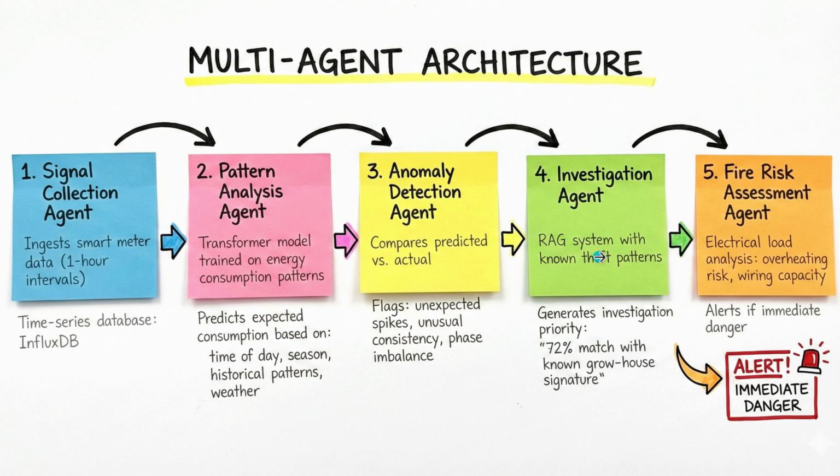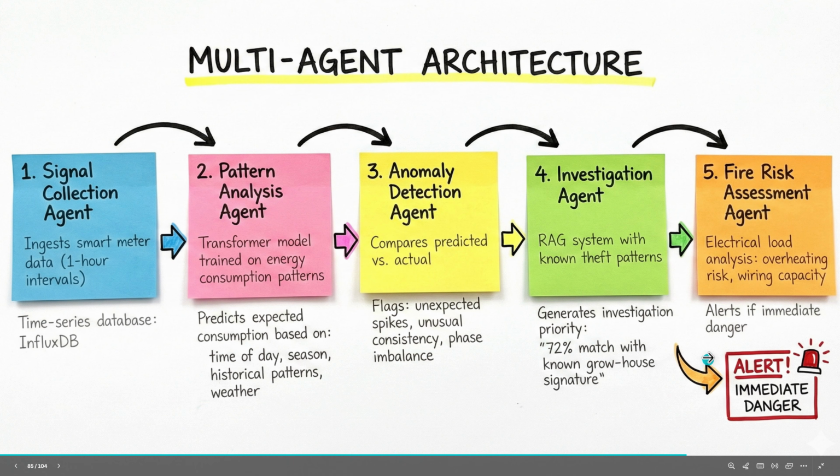Then the investigation agent, we will have a RAG system, for example, generating investigation priorities: 72% match with a known grow household signature. Finally, we will have a fire risk assessment agent that will look at the overheating risk and also wiring capacity. This is where we create that big alert for immediate dangers.